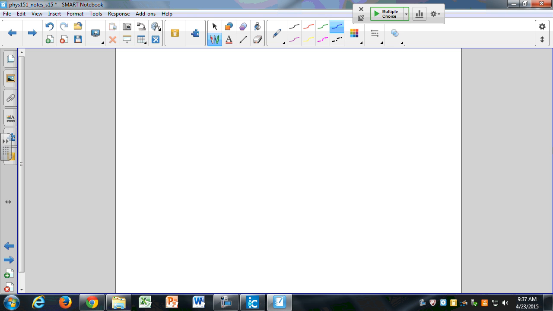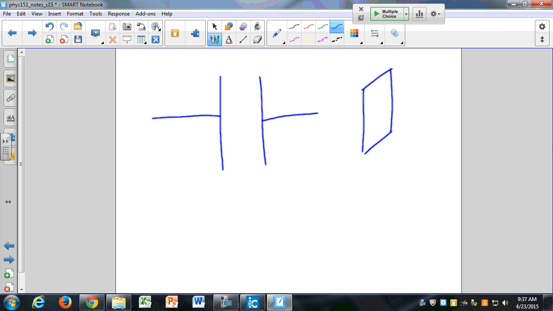What was I doing? Oh, so a capacitor looks like this. It's one metal plate and another metal plate. Let's see if I can draw it in 3D. I have one metal plate there, right? It has a certain area, and I have another metal plate here.